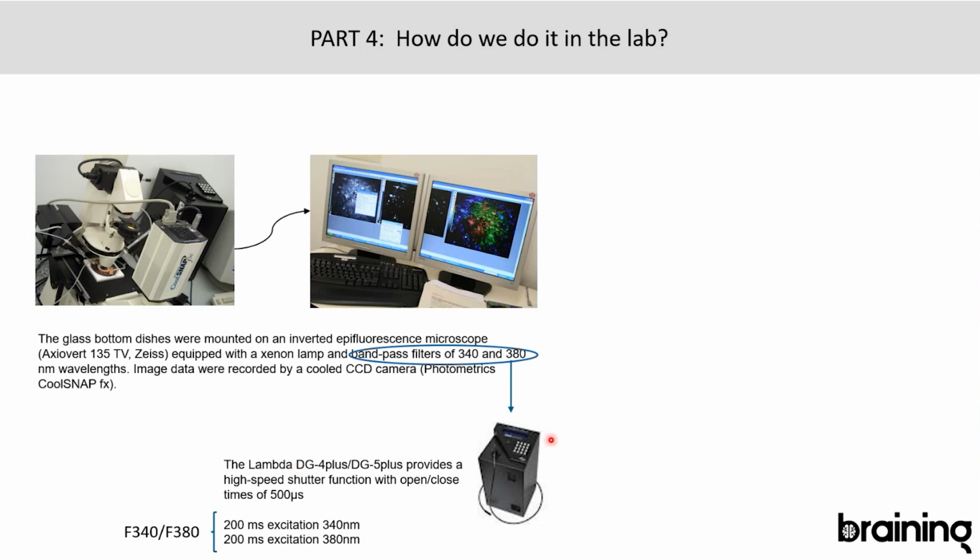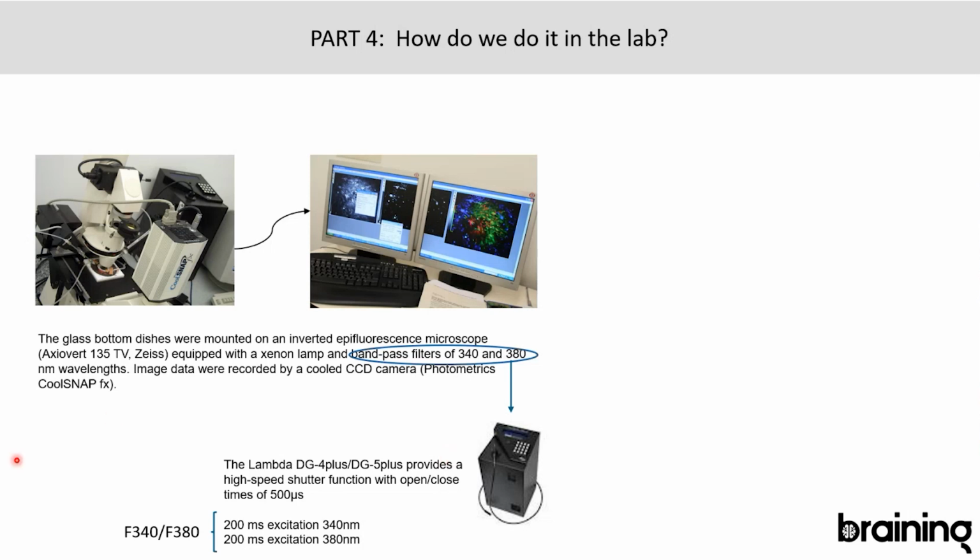This is a very important component in this type of ratiometric recording, because this apparatus allows a high-speed shutter function that opens and closes in times of 500 microseconds. So this means that we can switch from one wavelength to the other very fast.